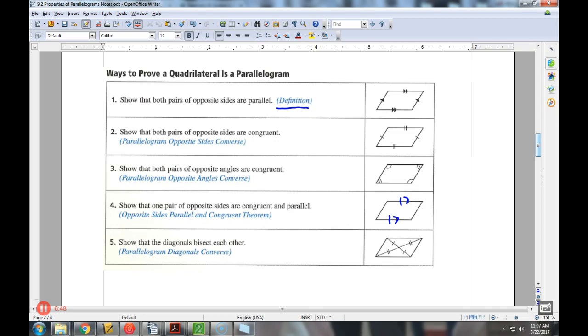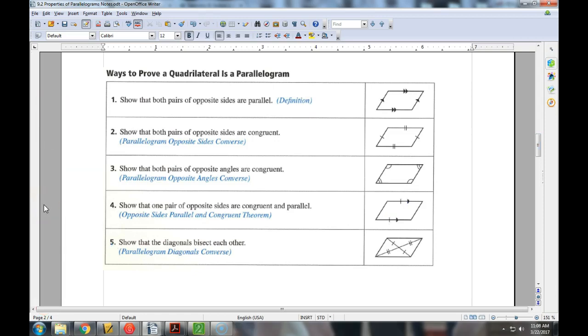So when you look at it, you have two talking about sides, this one is talking about angles, this one is both congruent and parallel sides, and the one at the bottom is focusing on the diagonals. That's the one people tend to forget about, that the diagonals bisect each other, because there's such a big focus on sides.